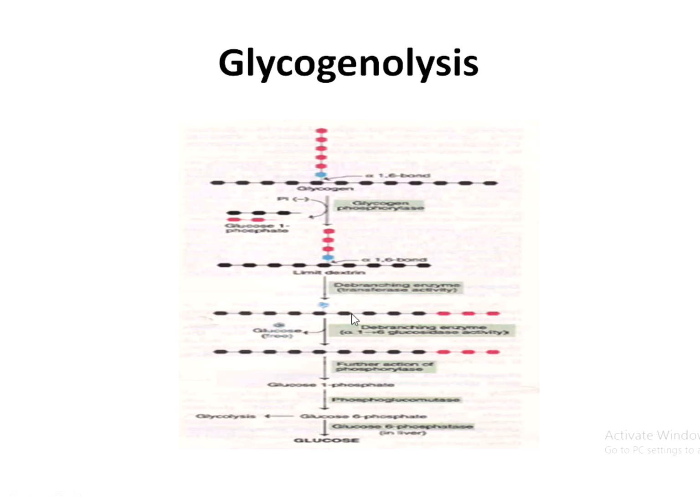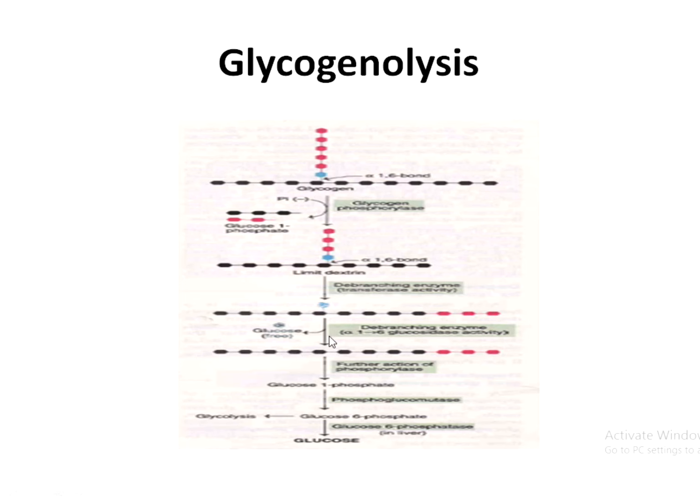As soon as we get limit dextrin, the debranching enzyme acts with its transferase activity, and we get a one-bond linkage. These are branching units. Then again the debranching enzyme acts, with alpha 1,6 glucosidase activity.